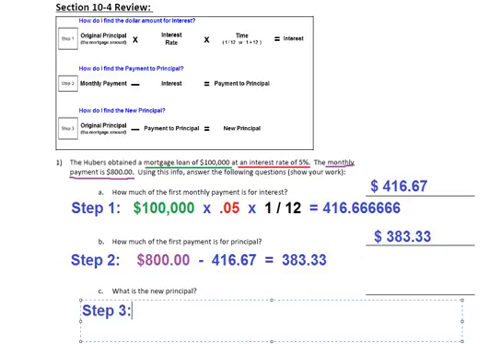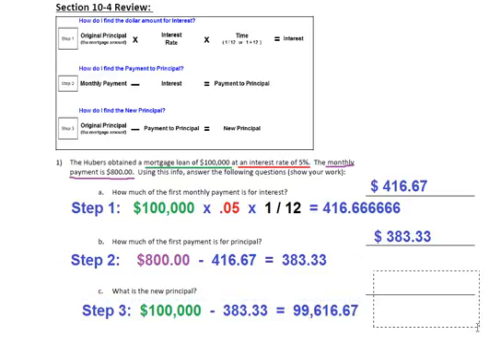Step 3, 100,000 minus 383.33, and we get 99,616.67. We've shown our work. Now we just have to write our answer on the line. So this is how much we still owe on the house, or how much the Hubers still owe. $99,616.67.